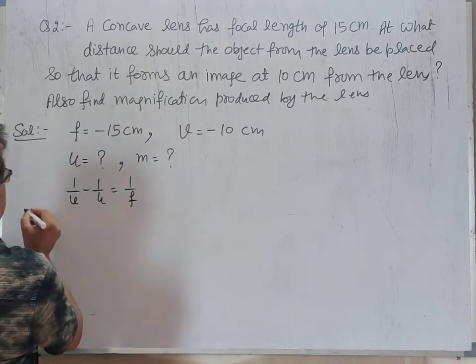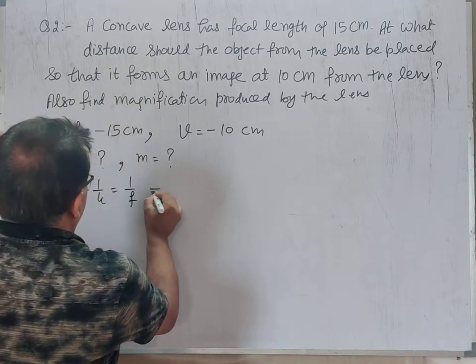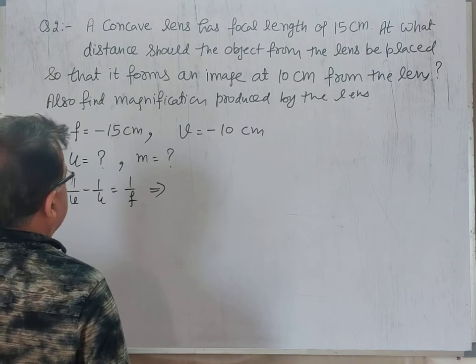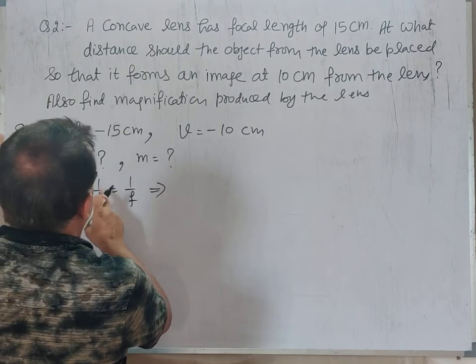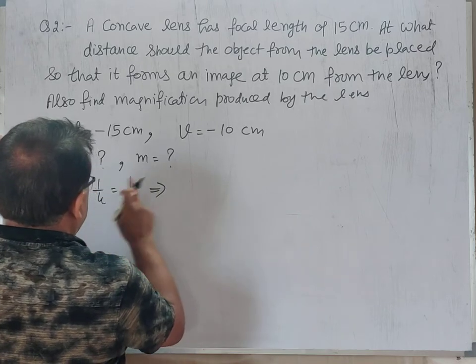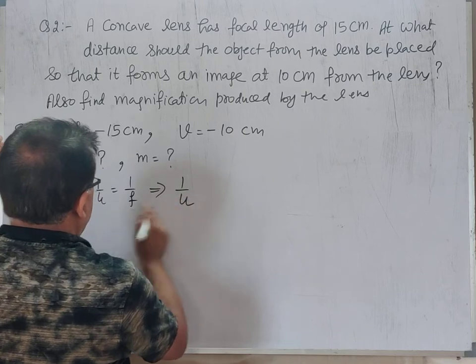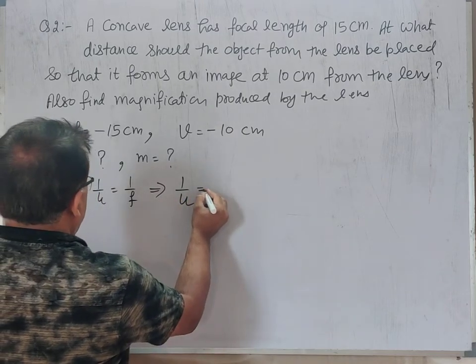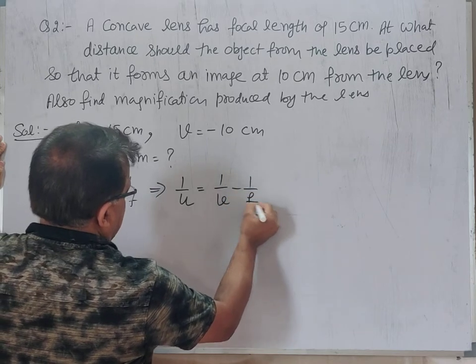Now we have to find 1 by u, so we shall take u on one side, so it will become positive: 1 by u is equal to 1 by v minus 1 by f.